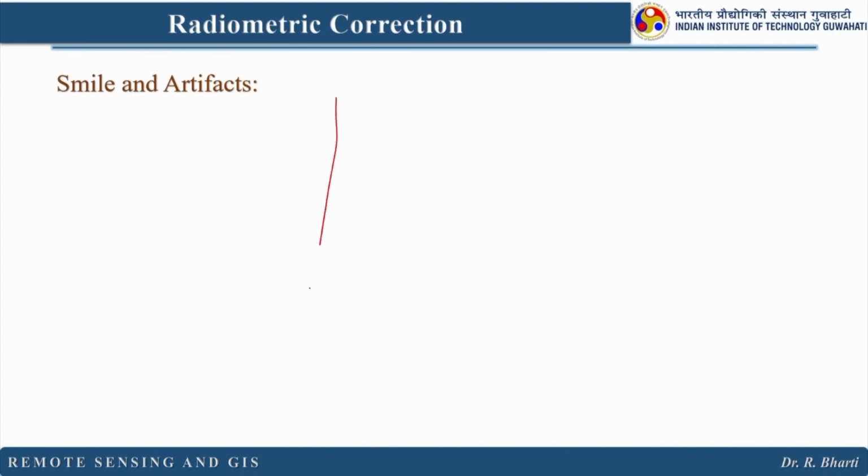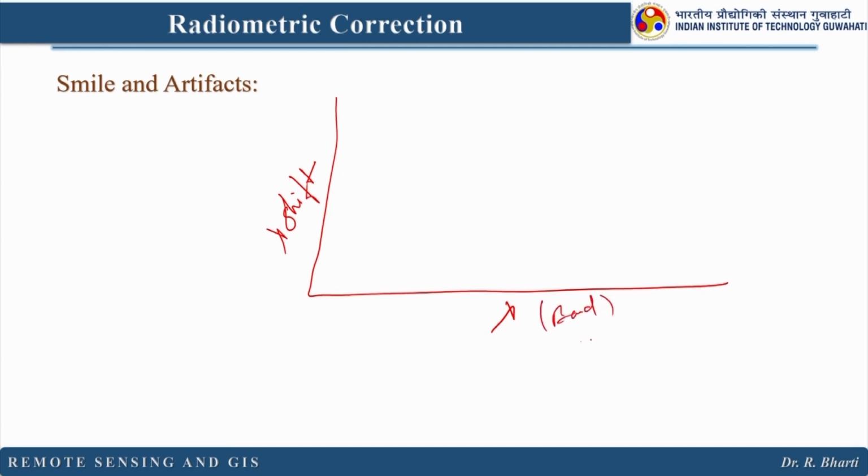If you see the corrected spectra, and this is the wavelength shift, right. Here you have wavelength, or let us call it band. You will find there is a 5, 10, 15 nanometer shift. This is not the measured spectra.